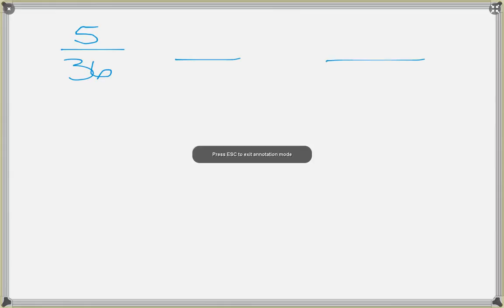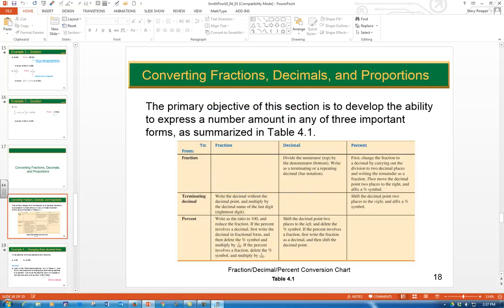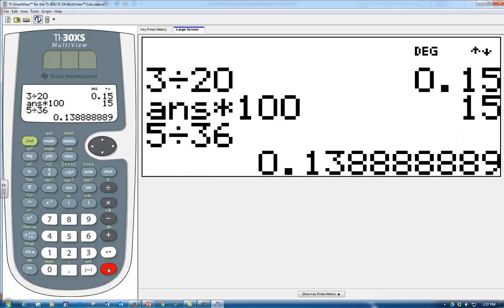So we're looking at page 189. We've already looked at number 24. Let's look at number 28. And 28 has 5/36. And it has a blank beside it that says decimal, and a blank beside that that says percent. So I would just take my calculator and do 5 divided by 36. So my decimal would be 0.13888888.